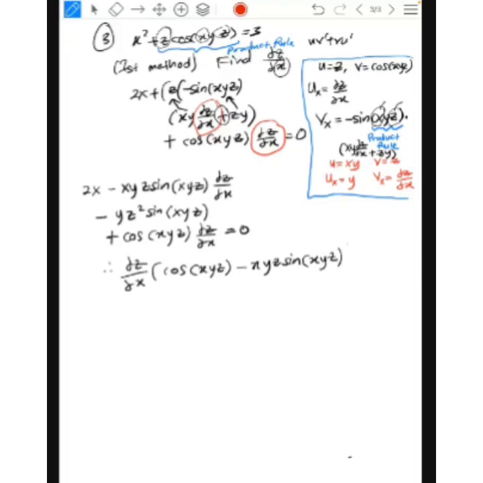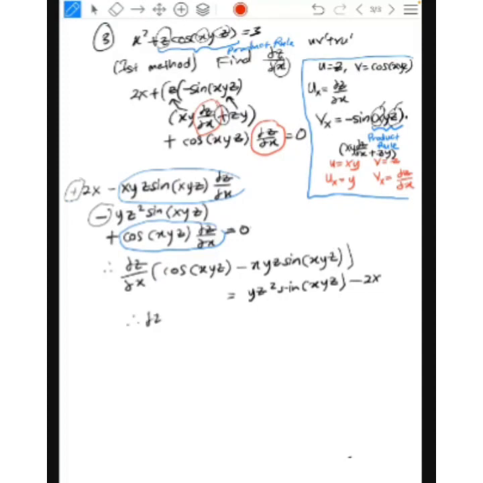Okay, how do I get this one? I just factorize this and this one. Okay, faktorkan sebab ia ada del z del x, keluarkan equals to, and then everything else you just bring to right hand side. Yz squared sin xyz minus 2x. Ini tolak, bawa sebelah jadi tambah. Yang ini tambah, bawa sebelah jadi tolak.